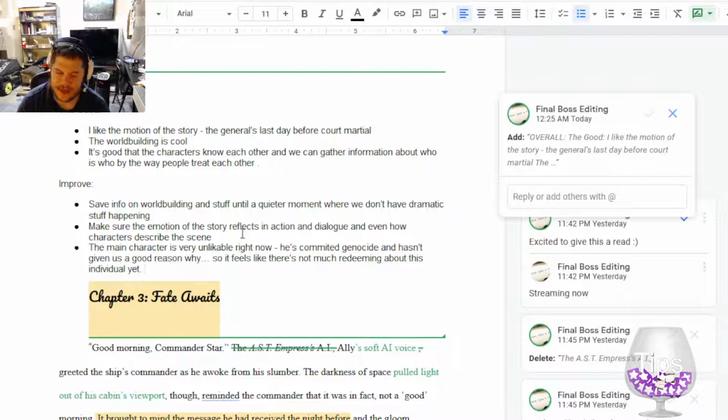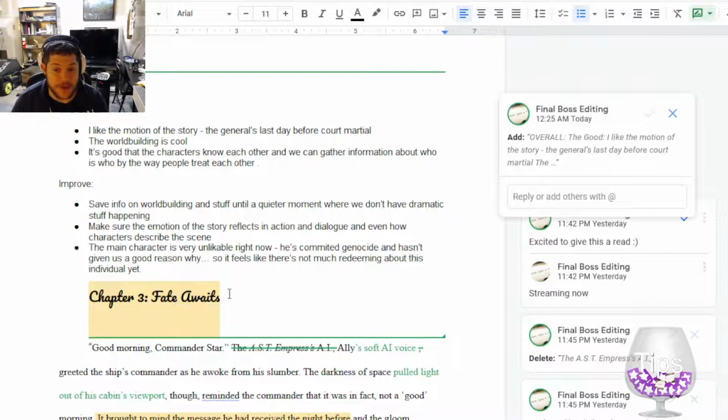It doesn't seem there's much redeeming about this character just yet. That might change, and it might be a very valid decision to say, hey, I want him to be unlikable for this section, and then later in the story you'll get to know him. Pros and cons to that, but just be aware that there are going to be some trade-offs there.